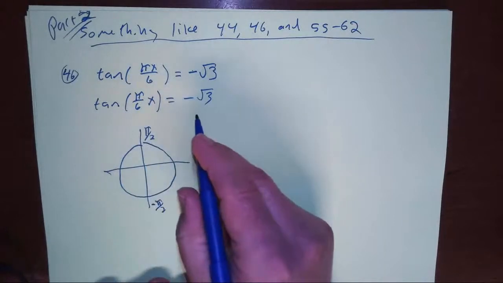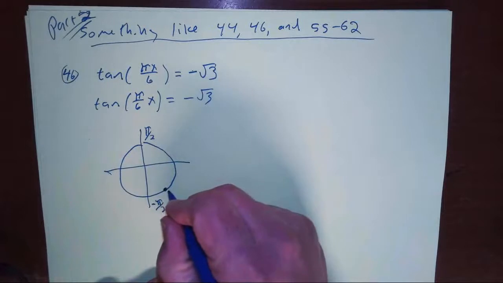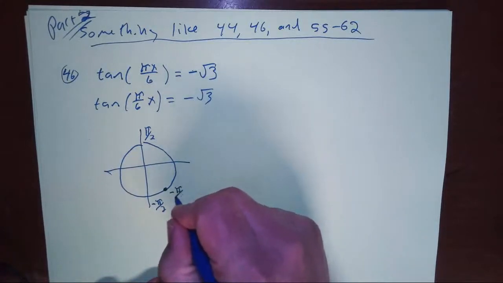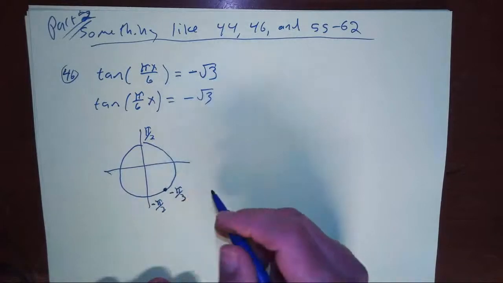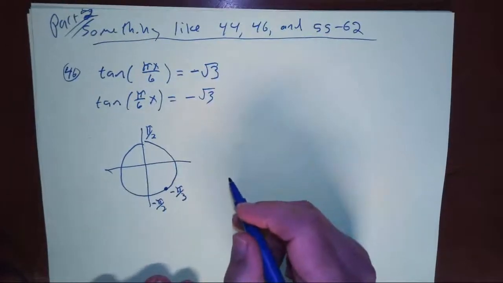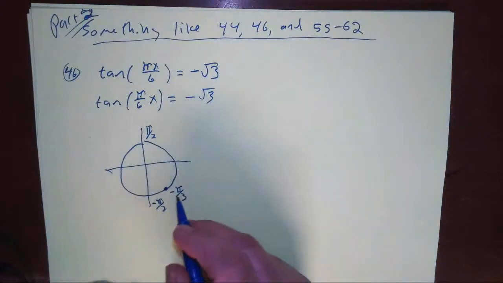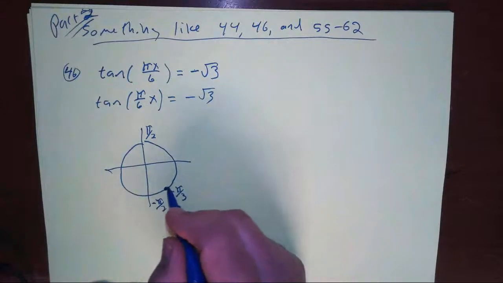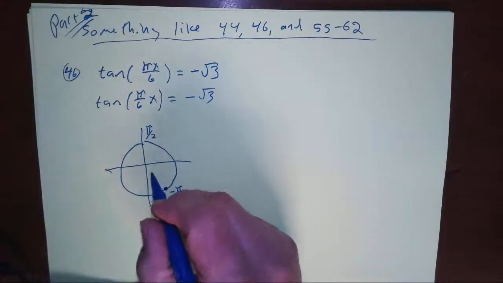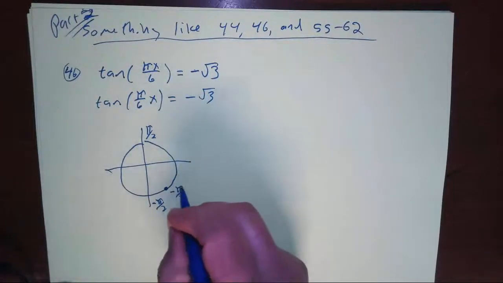Negative square root of 3 is actually, and I'm not going to take time to do this, but you could, it's actually going to be negative pi over 3. And you could verify that that does give you the negative square root of 3.